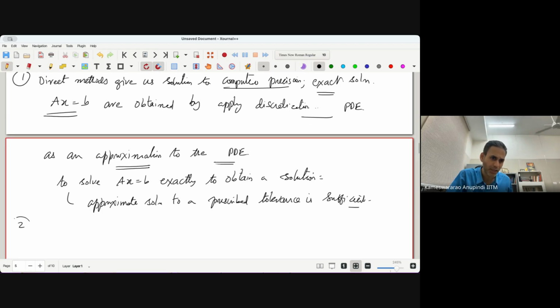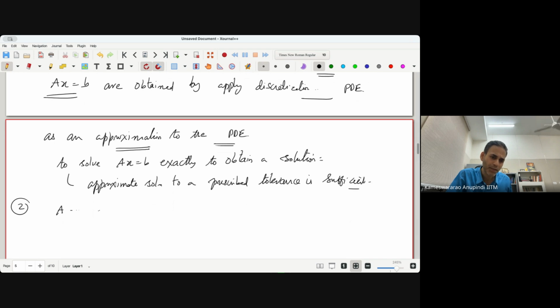The next thing is that most of the time the matrix A is sparse. When it is obtained from the discretization, it is actually a sparse matrix. That means we should make use of the zeros that are there, represent it in a sparse way, and save computations. Of course, in direct methods this is also done, but in iterative methods sparse matrices are even better, because they reduce the memory requirements that are otherwise there in direct methods.